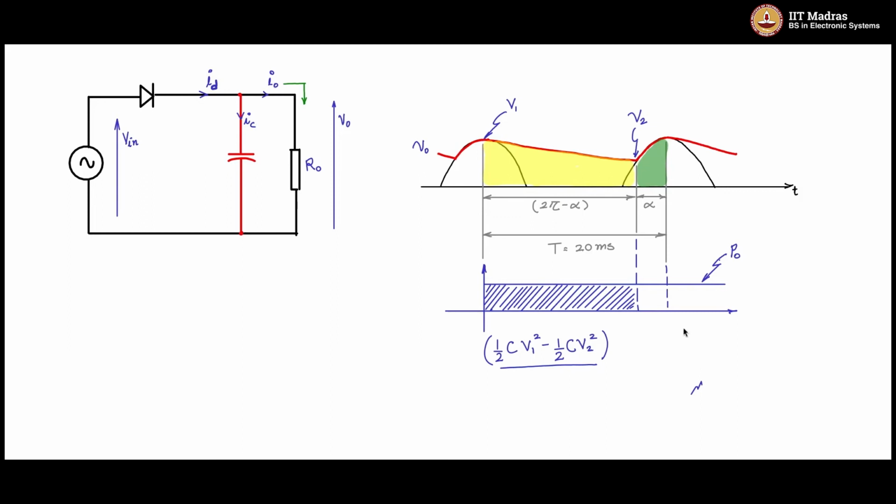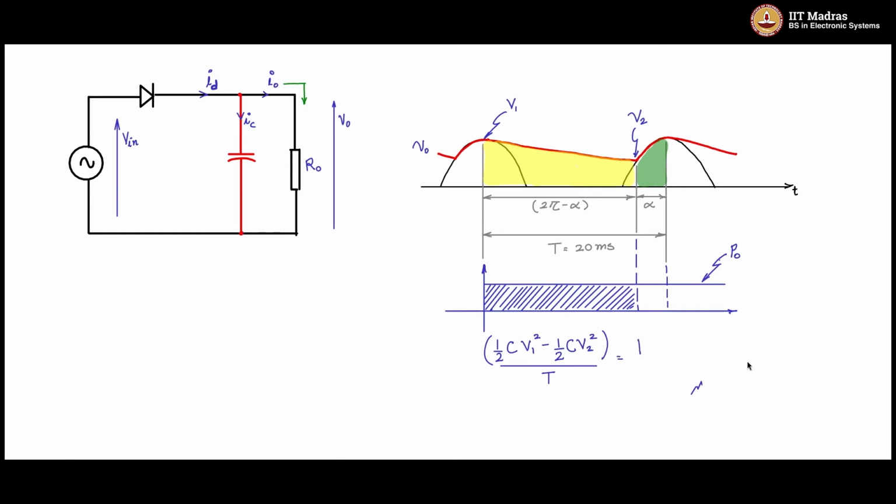Now if you want to find the power, this is energy. Power is the rate at which the energy is given. So this repeats every cycle, at T period time, that is at 50 Hertz rate.